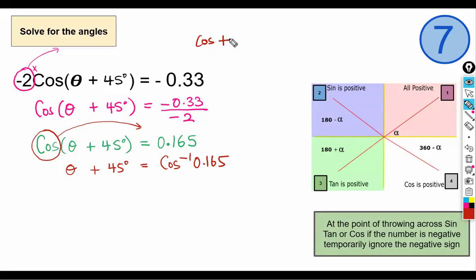As soon as you throw across a sine, cosine, or tan, you have to pause the question and get your two answers every single time, before moving on. So everyone get your two answers and send it to me, and then I'll show you how to complete the question, because we still have to deal with Mr. 45 there.